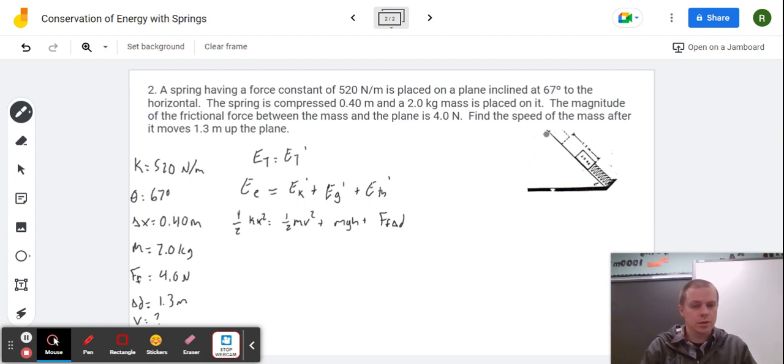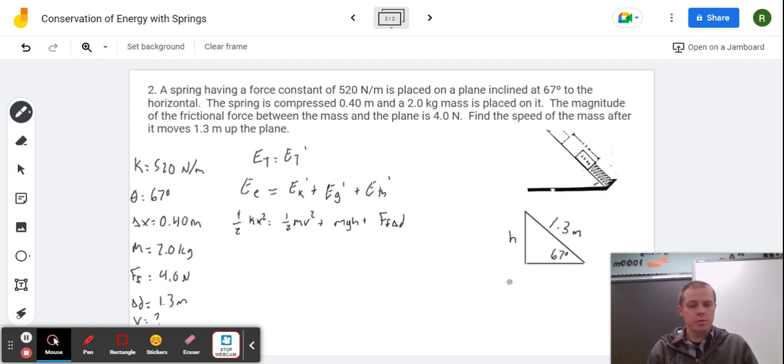To do that, I just take a look at my triangle, and I'm going to draw a little one here for reference. It moves 1.3 meters up the ramp. The ramp is at an angle of 67 degrees. So this side over here is going to be my height.